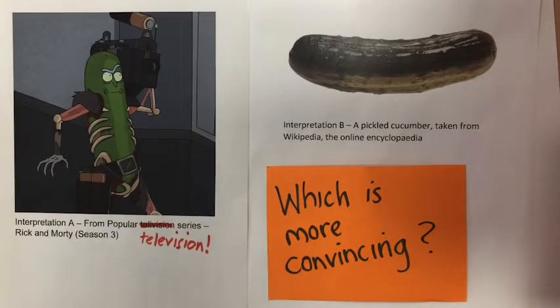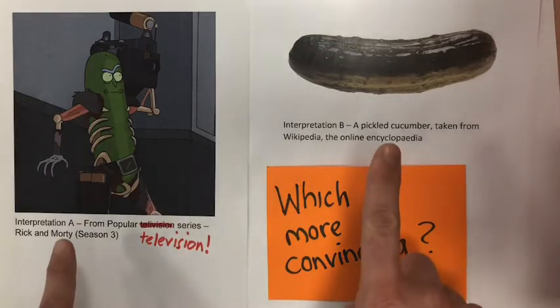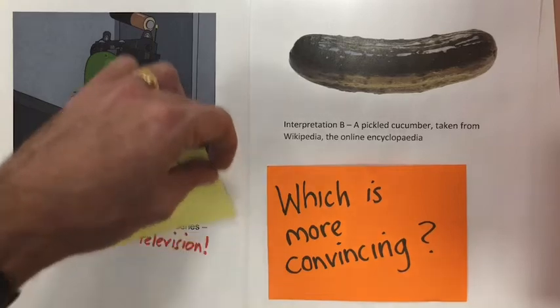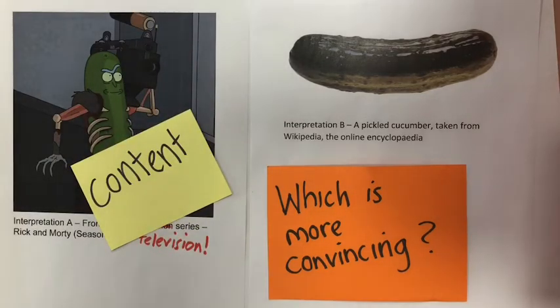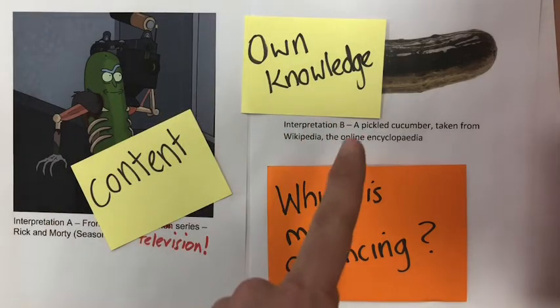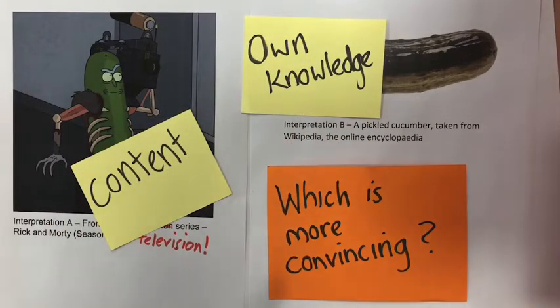Now question 3, this one's really tricky. You've now got to explain which one you think is more convincing. It doesn't really have anything to do with the provenance, okay? So you don't need to really think about the date. The focus needs to be on the content, okay? And you have to use your own knowledge to explain why one is more convincing than the other in finding out about pickles.